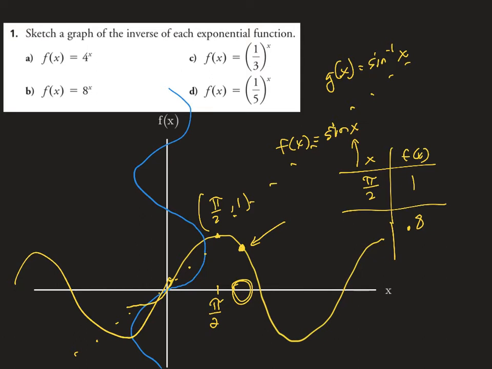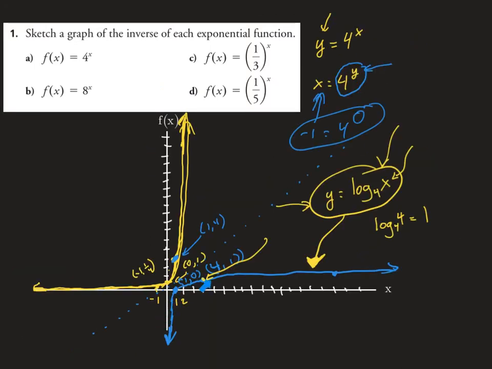Now if I plug in x equals 0.8, which is right here, I can look up the different values where the sine of x is equal to 0.8. And on your calculator, you just have to put in sine inverse of x.